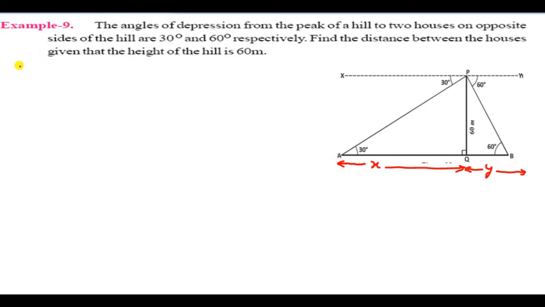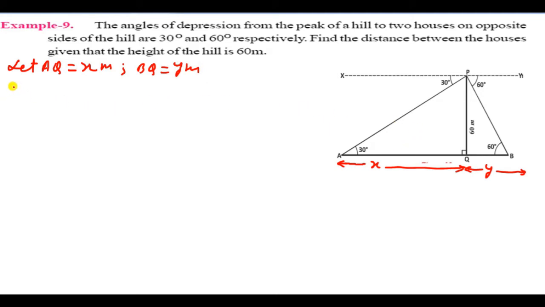Now let AQ be equal to x meters and BQ be equal to y meters. Now we can take the triangles one by one.